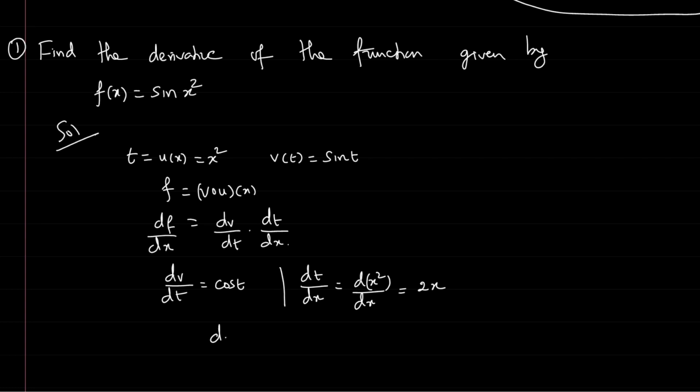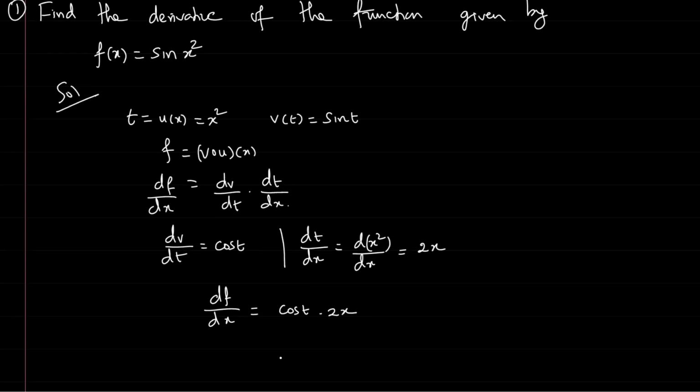So when we apply here, we are getting df by dx is equal to dv by dt, that is cos t into 2x, but we have t is equal to x square, therefore we can write this as 2x cos x square. So this is a very simple problem based on composite functions.